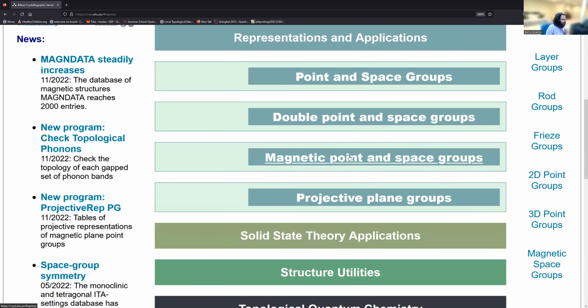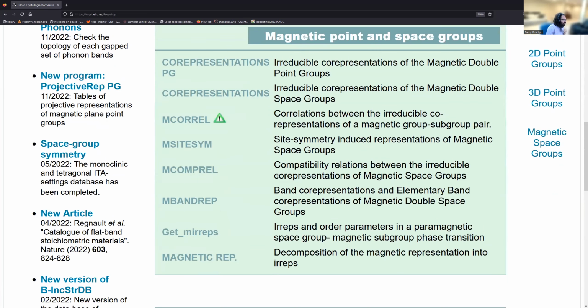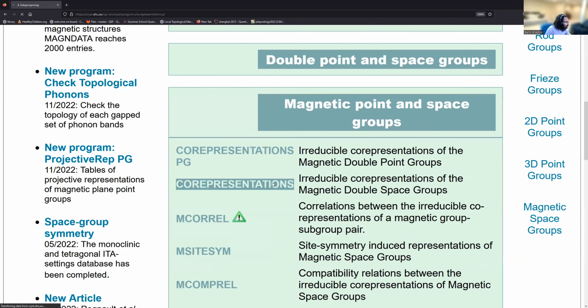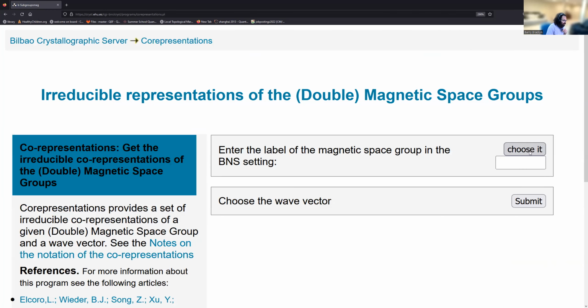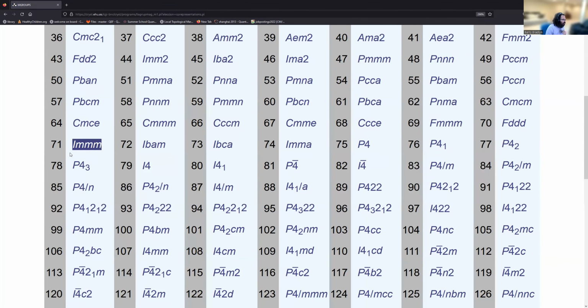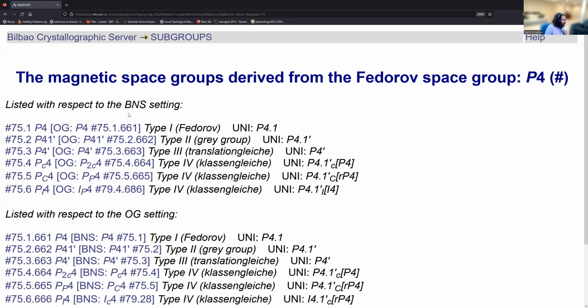So we'll go over to magnetic point and space groups again. And now we want co-representations of the magnetic groups. So we'll choose our magnetic space group. We want to look at the space group P4 prime. So we first go to symbol P4. And now we see the type 3 group P4 prime.